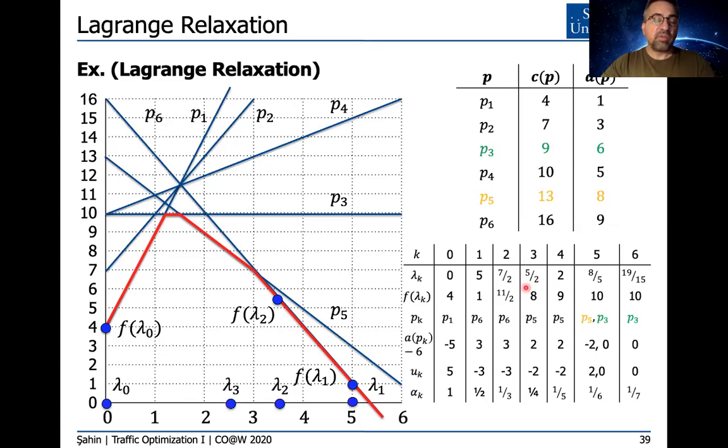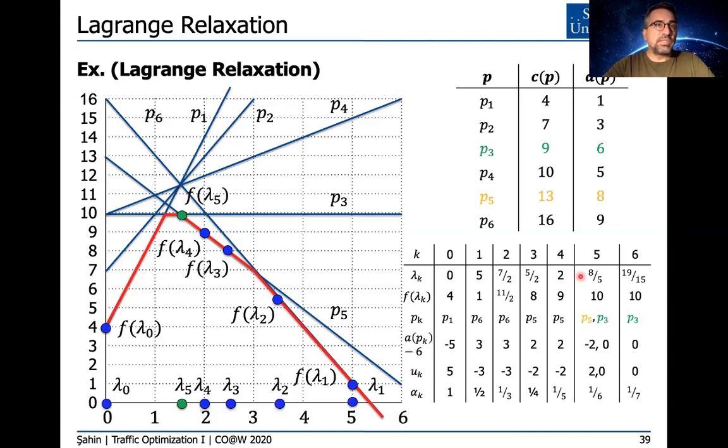For the new lambda value of 5 over 2, the tight path becomes path 5. And the corresponding objective function value becomes 8. For path 5, the subgradient is equal to -2. And with the step length of 1 over 4, the lambda value becomes 2.